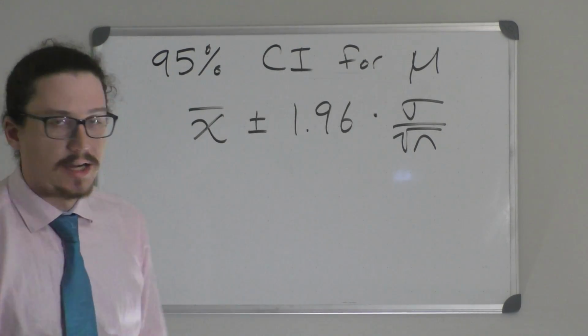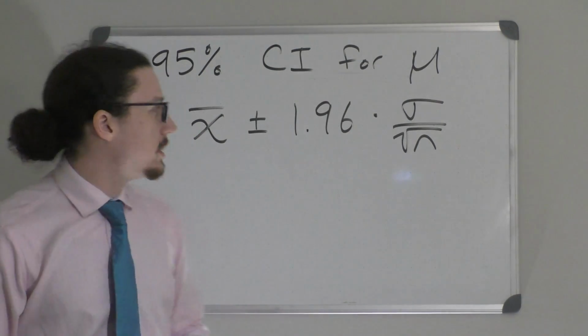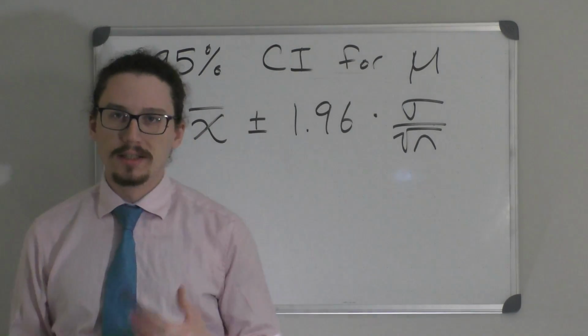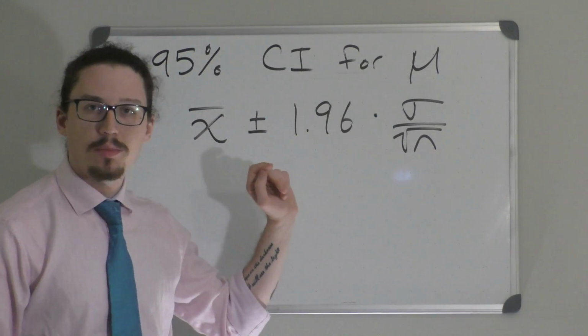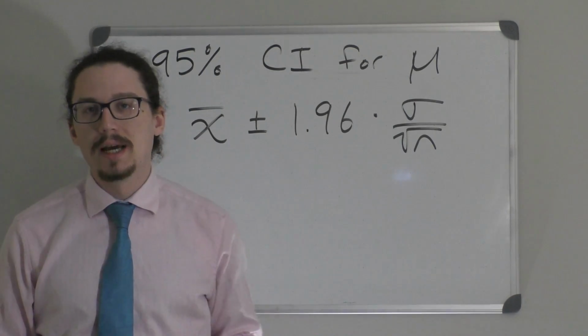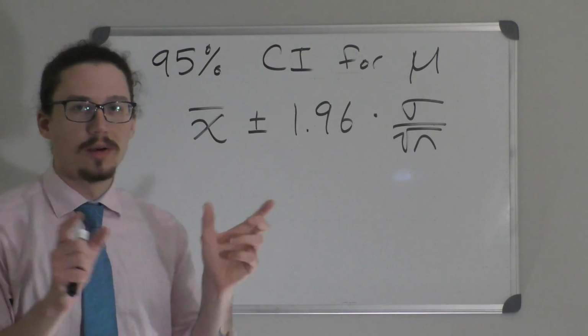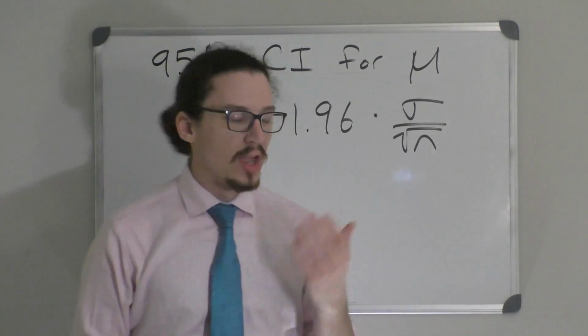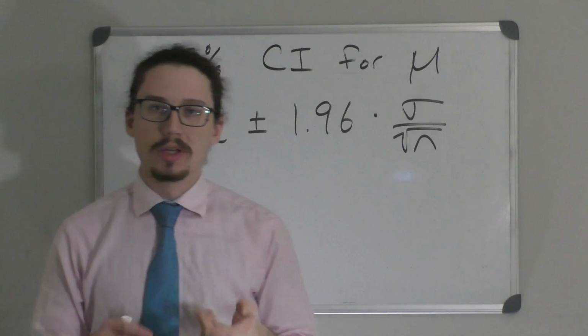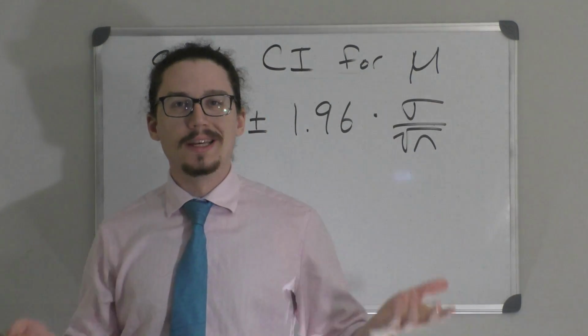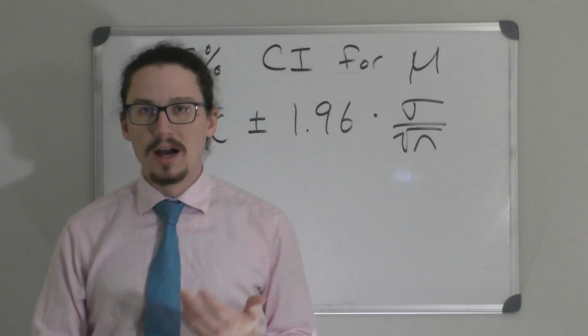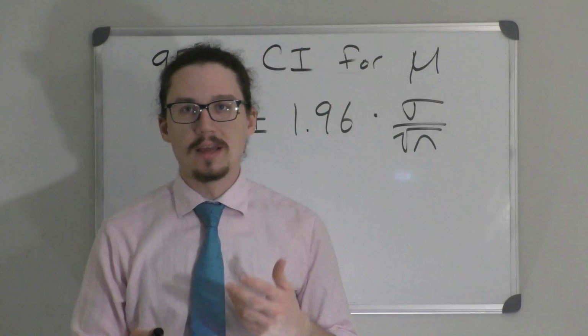All right, you may have noticed that I dropped that negative off of the 1.96. The reason for this is because we're adding and subtracting it. So if we did negative 1.96 or positive 1.96, it's not going to make a difference. We're going to get two answers and they're going to be the same either way. I drop it off just because it's kind of standard, and also you don't really need that negative hanging around.